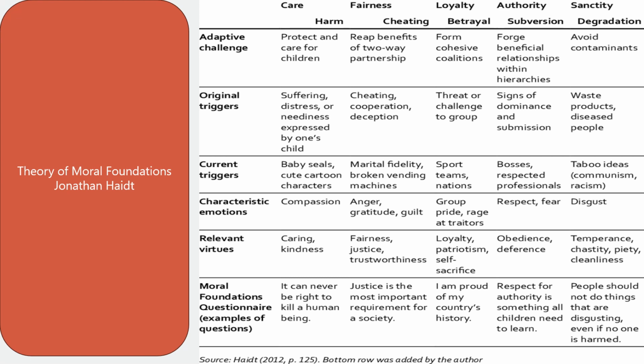So the point here is that for Haidt, harm is a factor, but it's only a small part of our moral foundations. And he finds that the liberal professional classes tend to focus on the two things of harm and cheating. So what they care about is fairness and avoiding harm, their 2 big values.